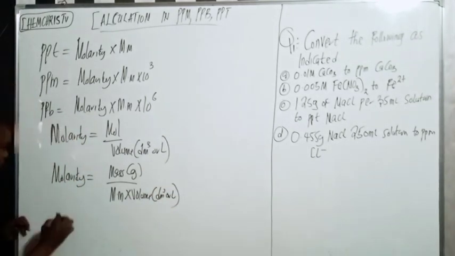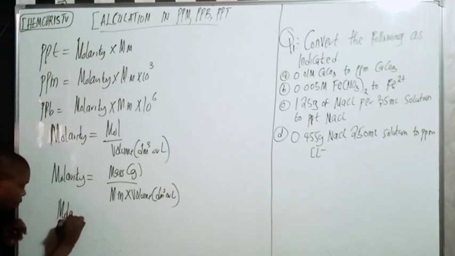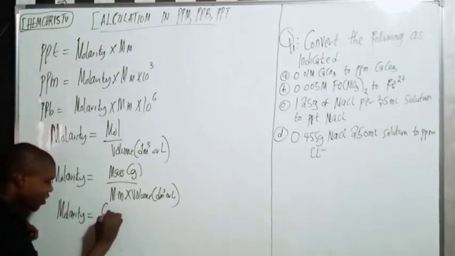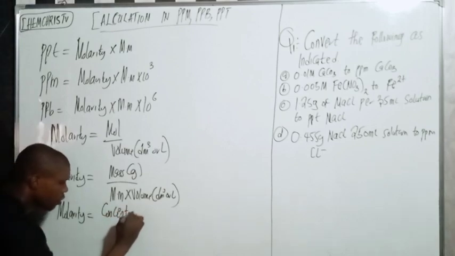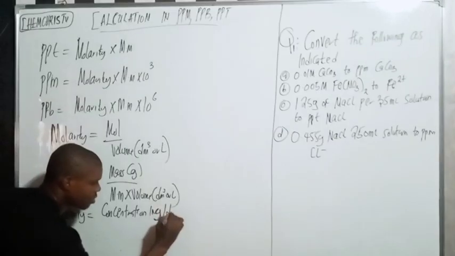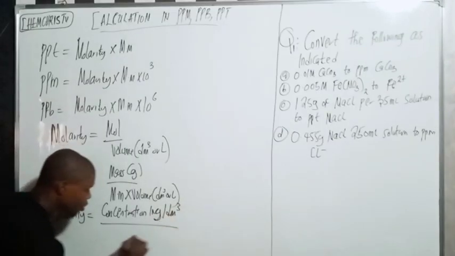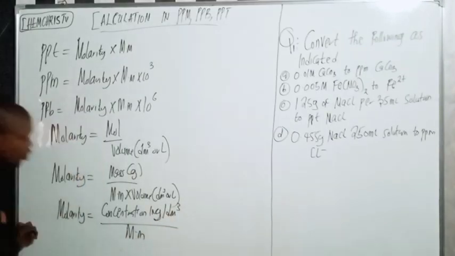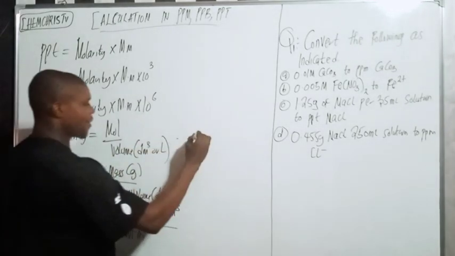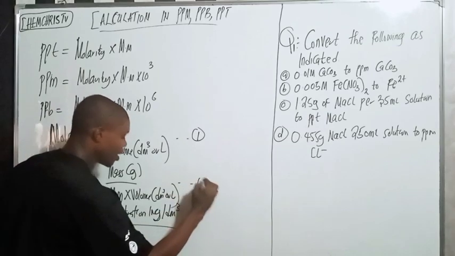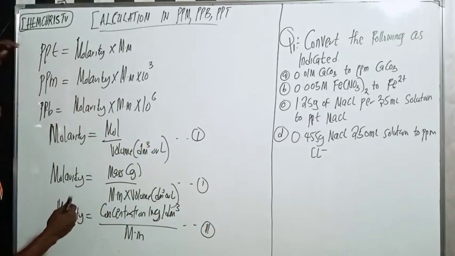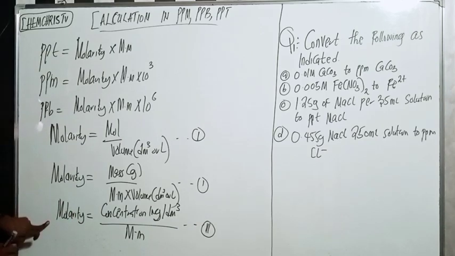The last one is molarity equals concentration in gram per dm cube over the molar mass. So these two formulas look alike. This is the first formula, the second formula, and the third formula. Do you get that?